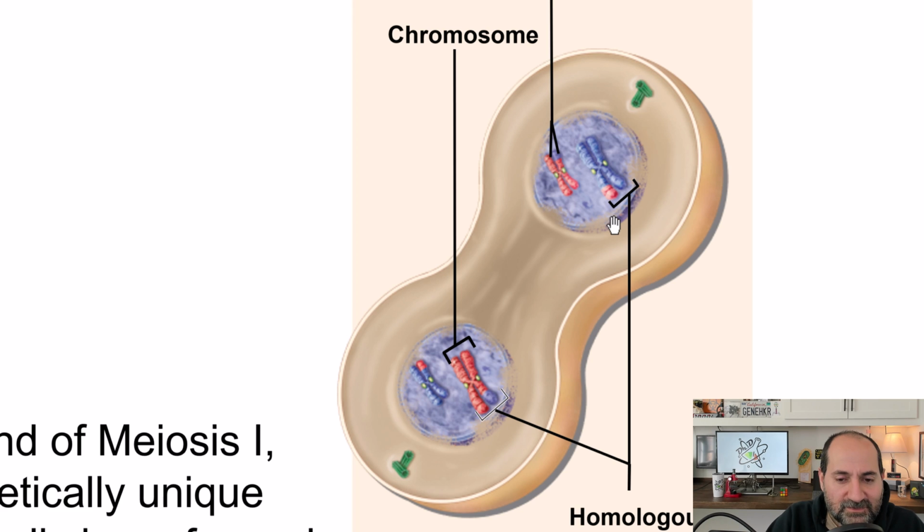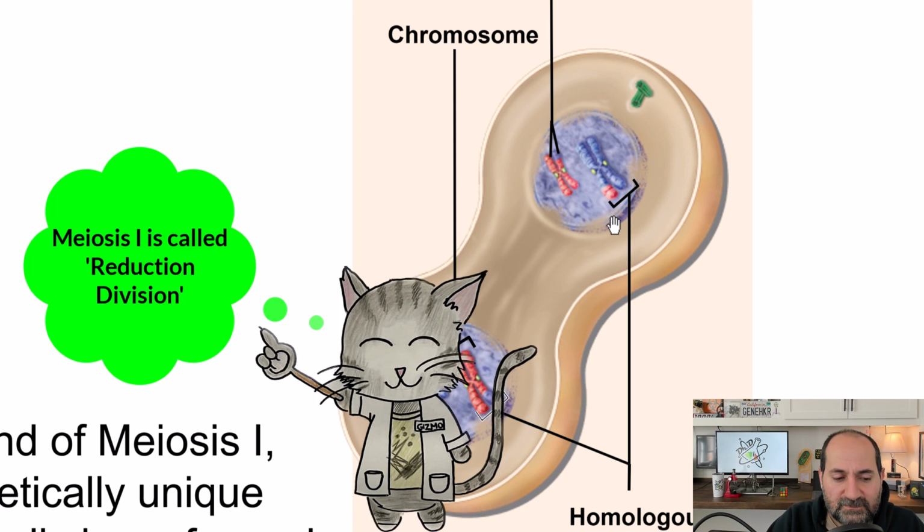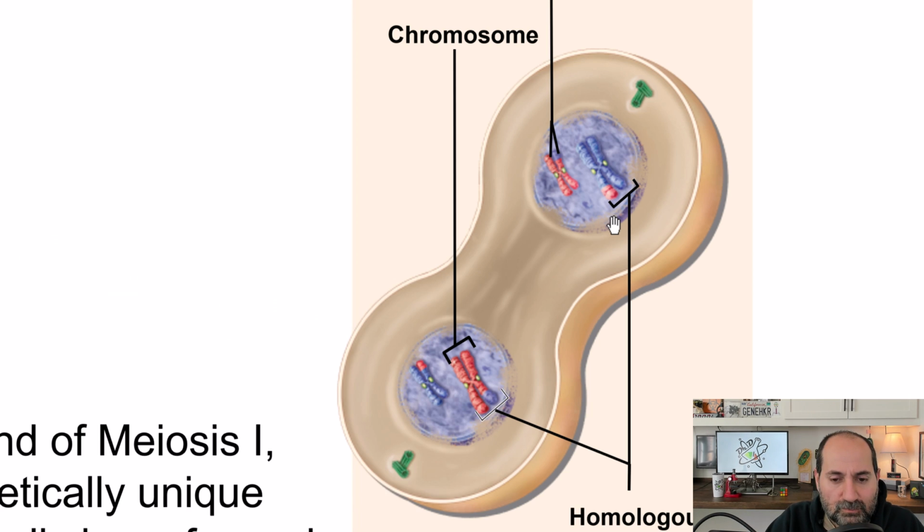So by the end of meiosis I, this results in 2 genetically unique haploid cells. And because of this, meiosis I is often referred to as what's called reduction division, because the ploidy of the cells reduced from diploid 2N to haploid 1N.